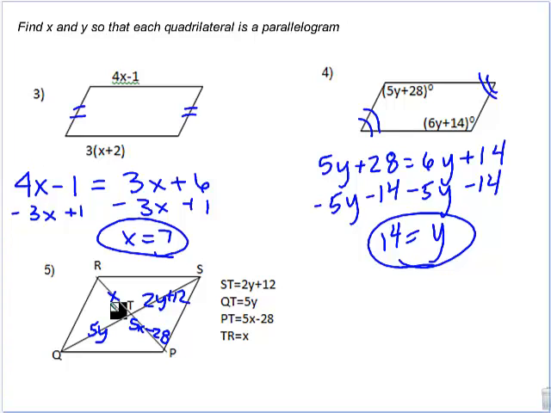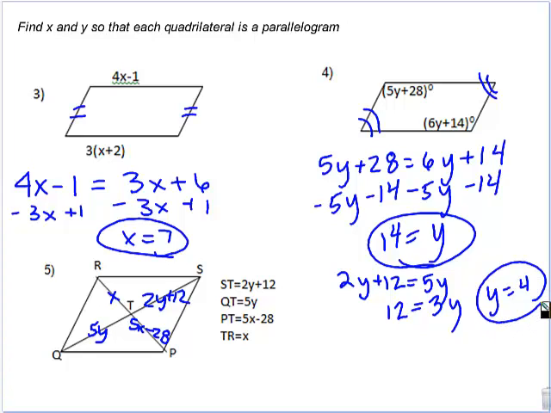Wouldn't you do 2y plus 12 equals 5y? Yes, 2y plus 12 should equal 5y. Why? Because the diagonals bisect each other. So how would we solve this? Subtract the 2y, so we get 12 is 3y, so our y is 4.